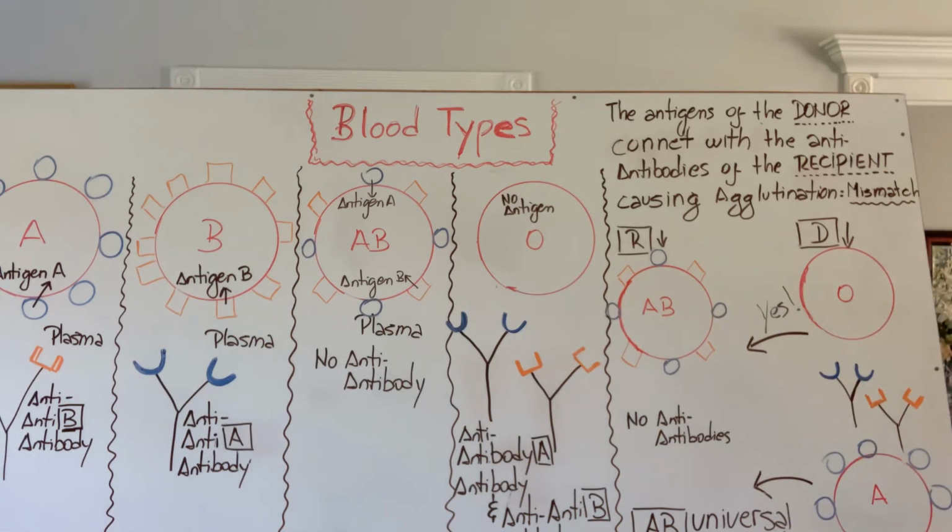That is the antigen D. But this one is part of the following video. So far this is the concept I want you to know and to learn. And we'll continue in the next video.